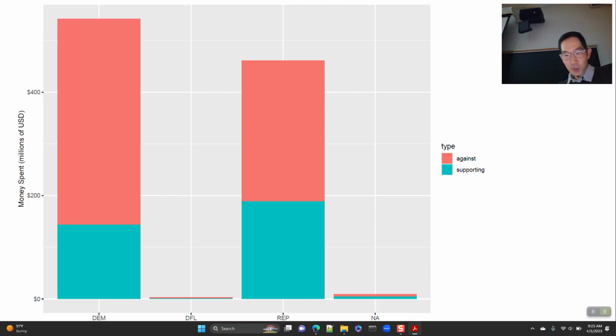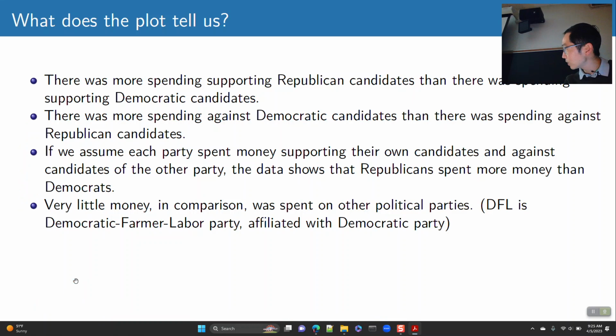And so this is what we see across the bottom. This column is for Democrats, this column is for Republicans. There's a few other parties with much less spending. And we see the money going against Democrats is quite a bit higher, and the money supporting Republicans is larger. So the total spending by Republicans was more than the total spending by Democrats in the 2012 election.